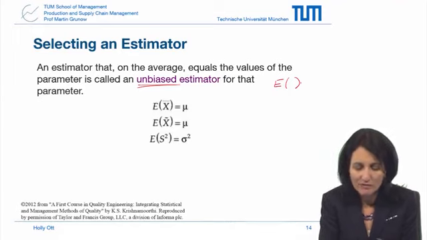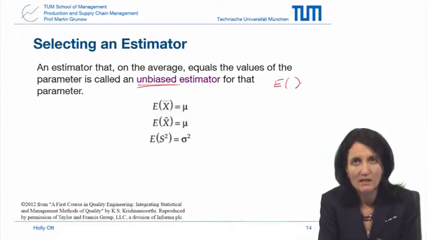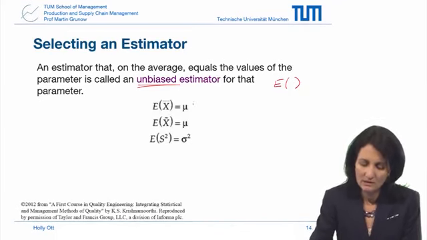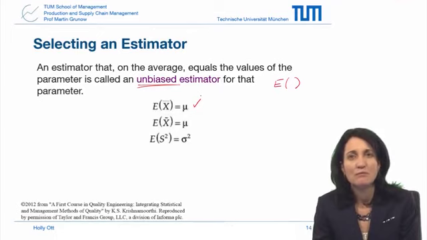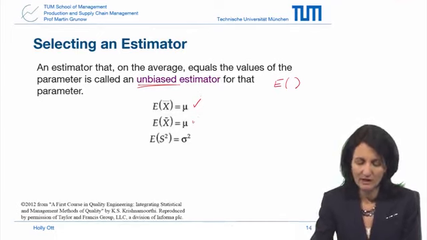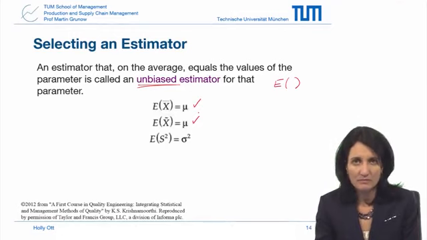And it can be shown for normal populations that the expected value of x bar is indeed mu, or the mean of our population. And also the expected value of the median is the mean of our normal population.